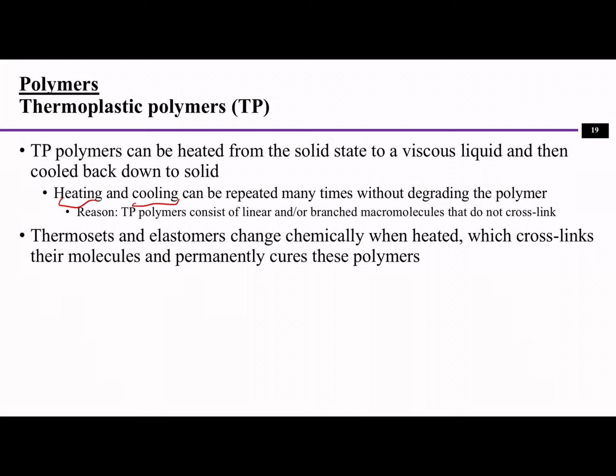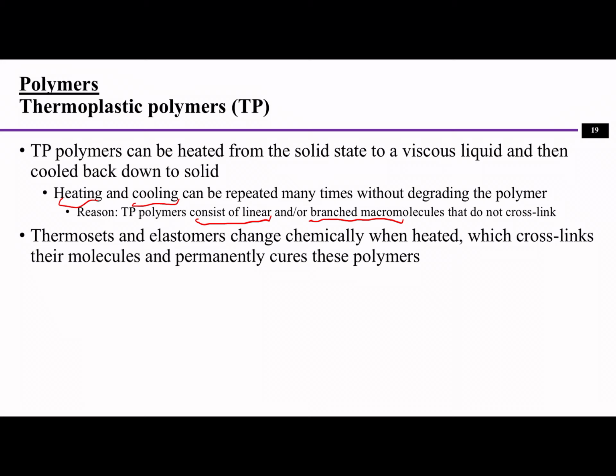The reason is that thermoplastic polymers consist of linear or some branched molecules. They do not have cross-links, so the structure is not that complicated, and they can easily form back to their original chain or branched molecule chain.